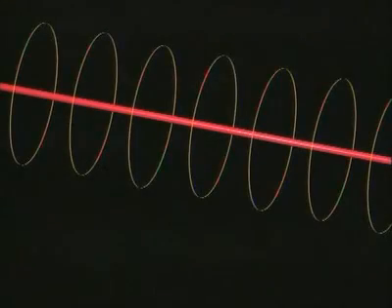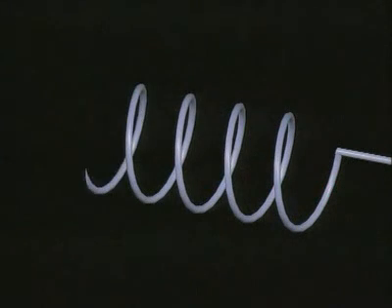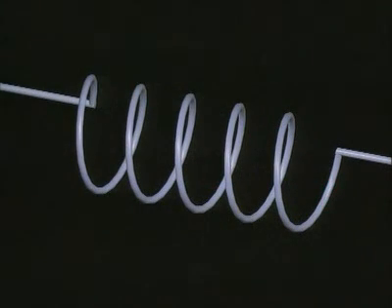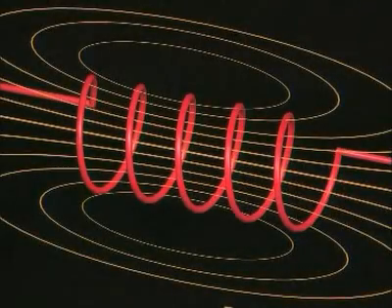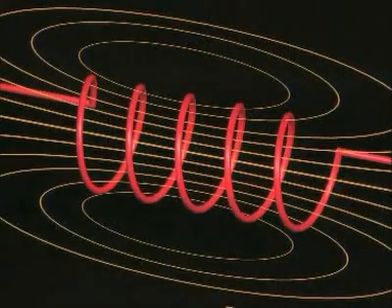When a current flows through a conductor, it generates a magnetic field, the strength of which is proportional to the current. If the conductor is coiled, the magnetic field inside the coil is amplified considerably. Now the strength of the magnetic field is dependent not only on the current, but also on the number of turns in the coil. The more turns, the stronger the magnetic field.